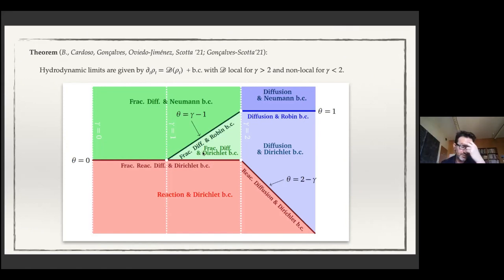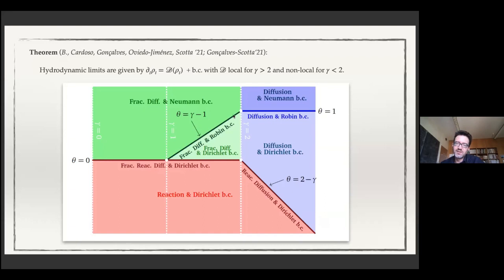Why is it not trivial? Because a boundary condition is something local in some sense. You want to impose, for example, the density at the boundaries. But when you have fractional diffusion, you have a non-local operator. And so the boundary condition cannot be so local, in fact.